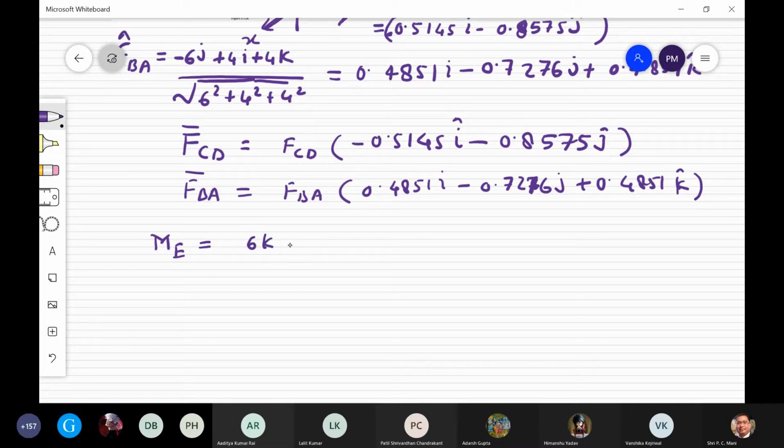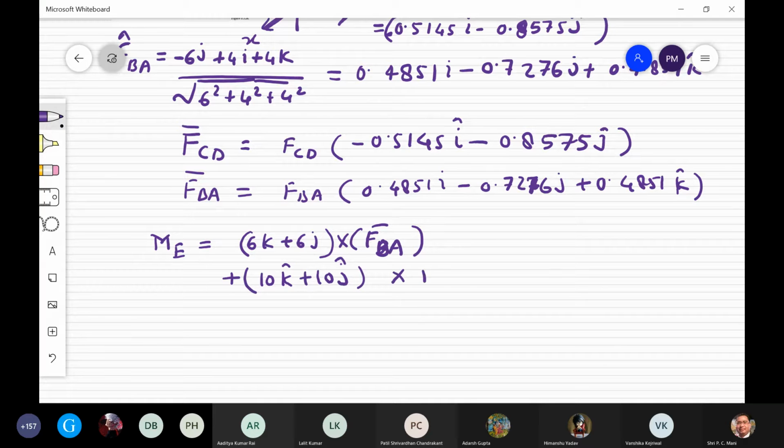Okay, 6k plus 6j cross FBA vector, okay, plus 10k plus 10j cross FCD, okay, and same vector for 1000 load cross 1000 k, okay, 1000 k.